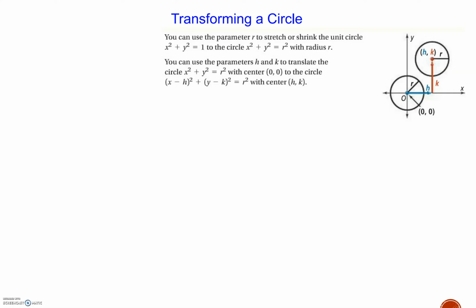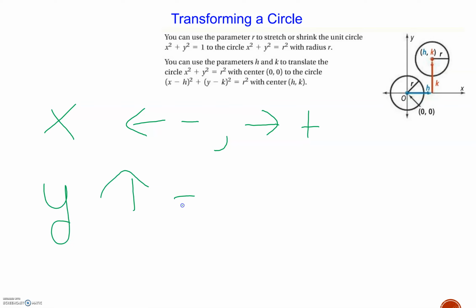Now, when you move left or right, that goes with your x value. If you're going left, that's as if it's negative. And if you're going right, that's as if it's positive. For y, if you're going up, that's positive. If you're moving down, that's a negative direction.